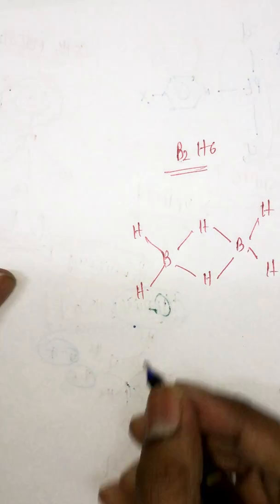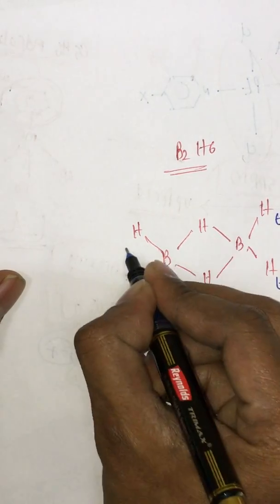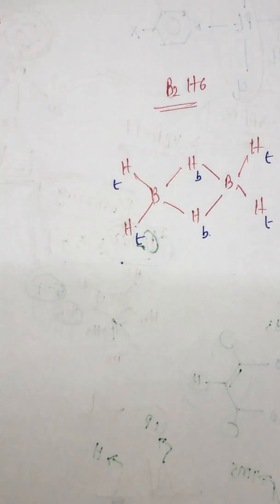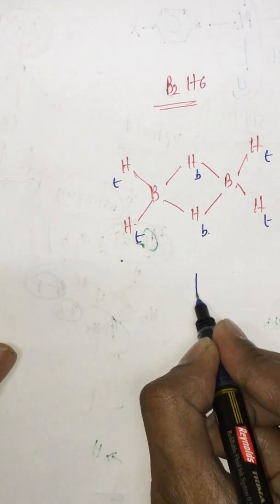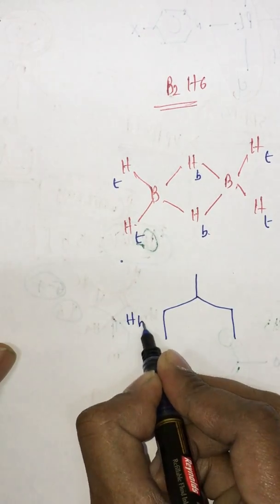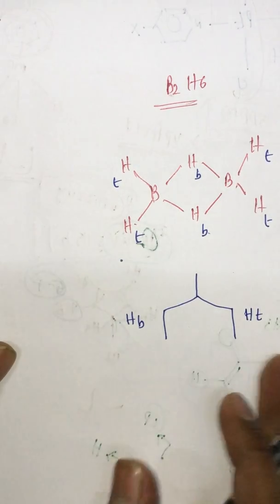In this structure we can see two different hydrogens: terminal hydrogens and bridged hydrogens. If we record the NMR spectra for diborane, initially we will get a 2-line signal because two different protons are there, bridging as well as terminal.